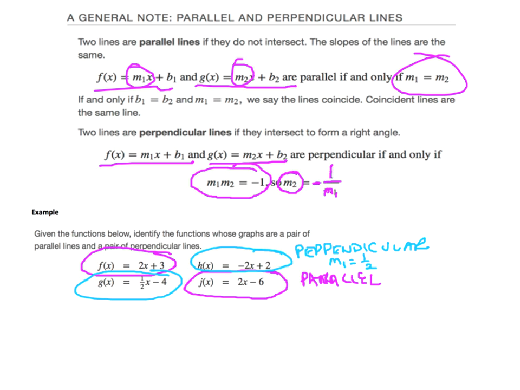Here, my first slope, my M1 is 1/2, and my M2 is -2 over understood 1. And my parallel line slopes, my M1 is 2, and my M2 is 2.